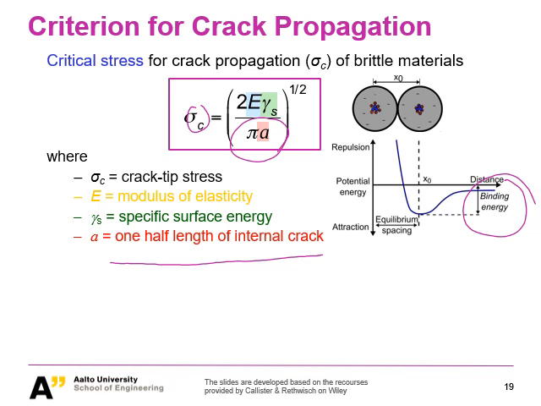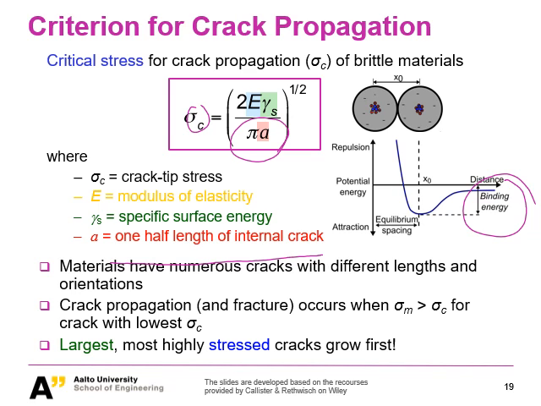So the critical stress that you need to trigger the crack propagation depends on your initial crack, your crack initiation, the length of it. I hope everybody gets this point, because the strength, as we showed before, is dependent on your geometry.